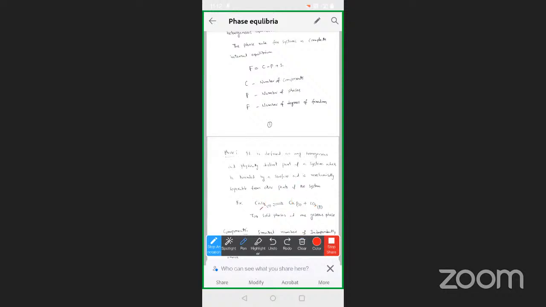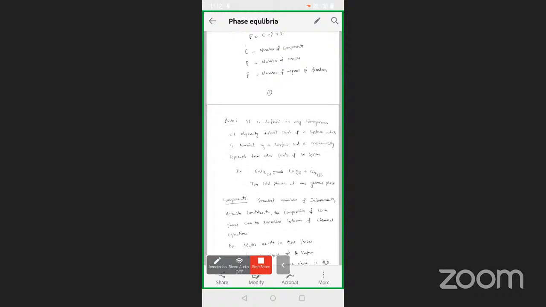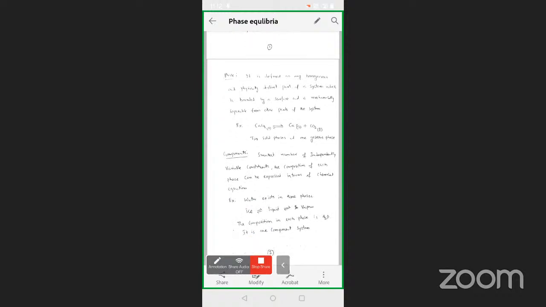Both are solids, but they are considered as two solid phases because they are two different components, hence they are heterogeneous. So two solid phases, one gaseous phase. And the next one is components.